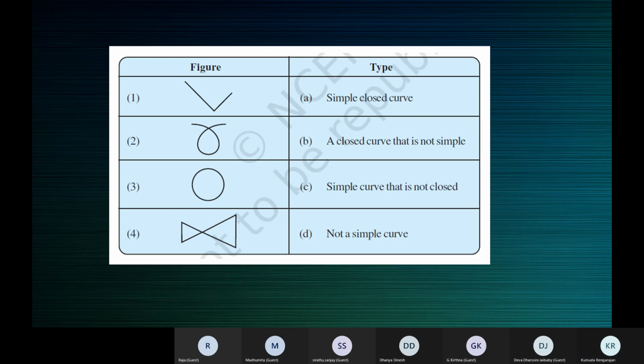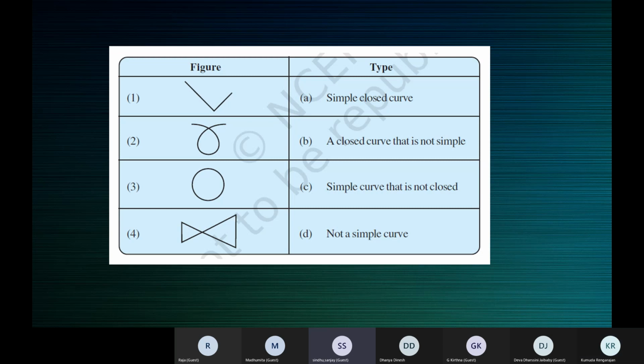What is it for the first one? Which is the correct answer for the first one? Simple curve that is not closed, ma'am. So 1C. Okay, so you're saying 1C. D, ma'am.